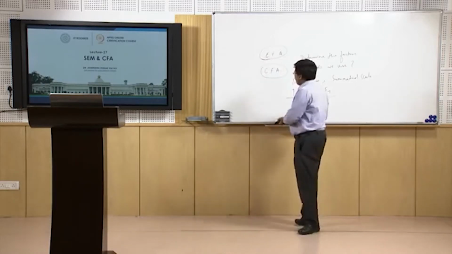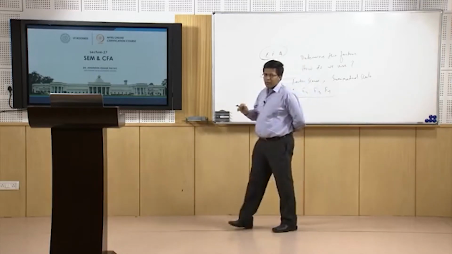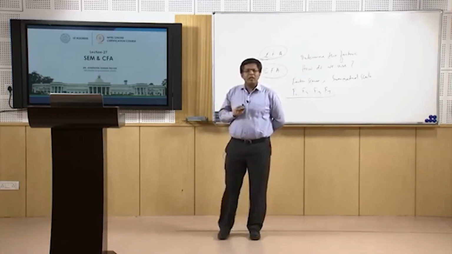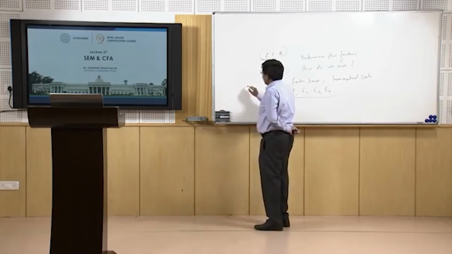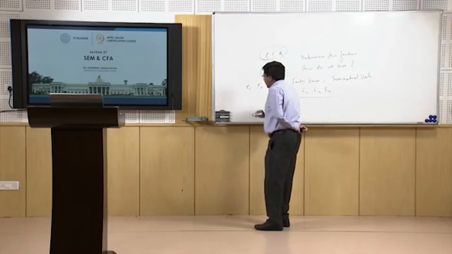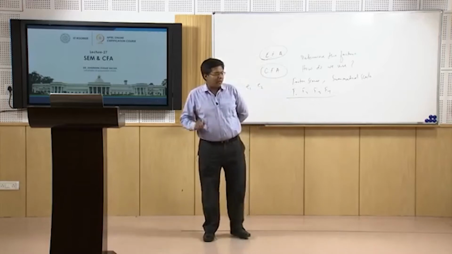One more thing: in exploratory factor analysis we were not assuming any relationship between the error terms, let us say E1 and E2. So, we are assuming that there is no relationship between the error terms in the exploratory factor analysis.